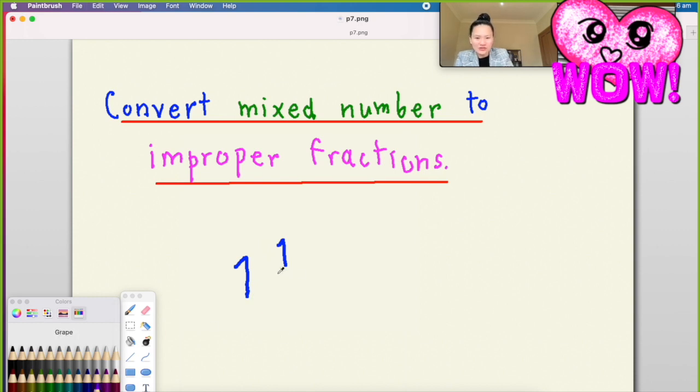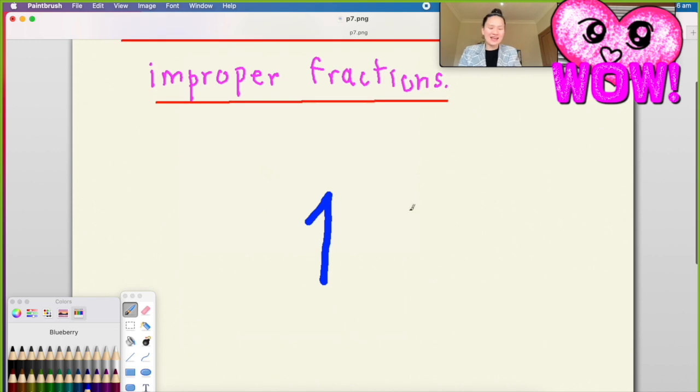What you're going to do is, okay, let me show you. I'll write it again, bigger this time. You have one, whoops, one, and then you have proper fraction 1 over 2.